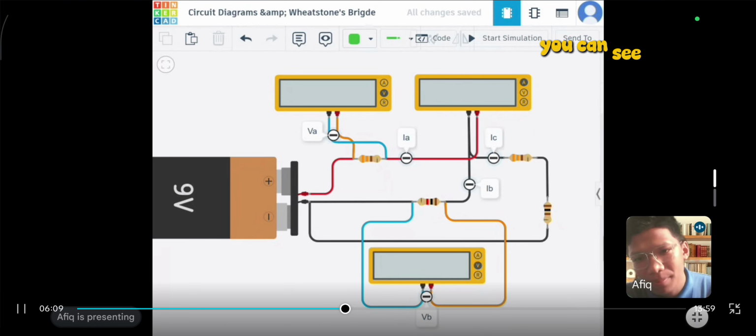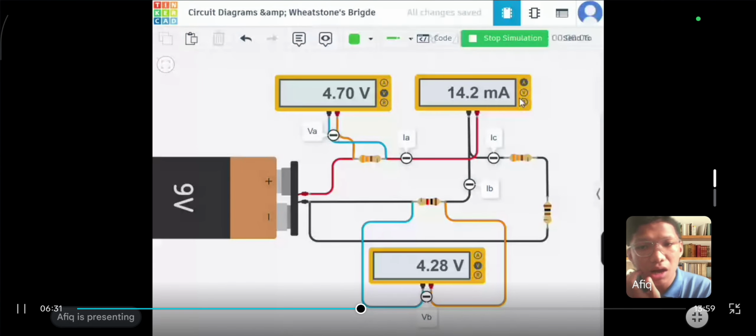As you can see here, our meters are hooked up perfectly in line for current and across the nodes for voltage. And when we hit run and start the simulation, our main ammeter reads 14.2 milliampere.